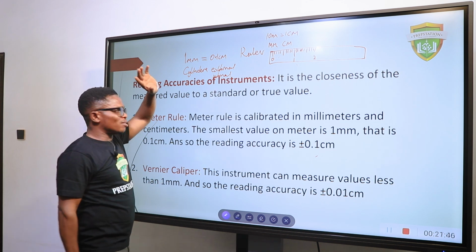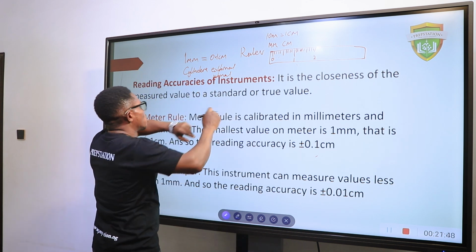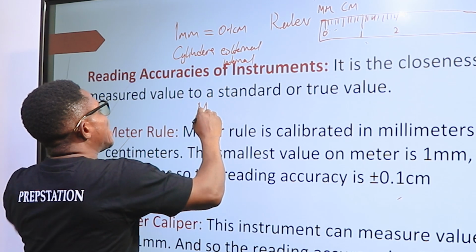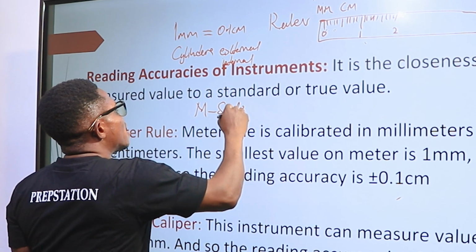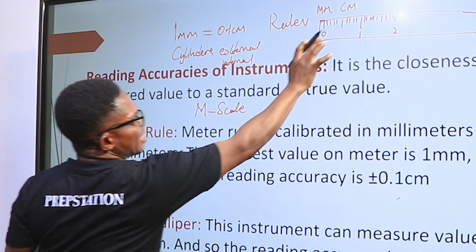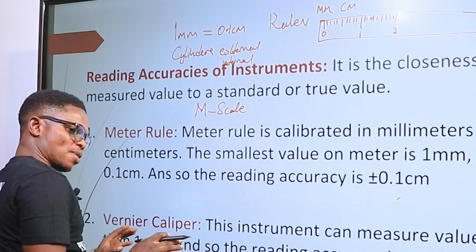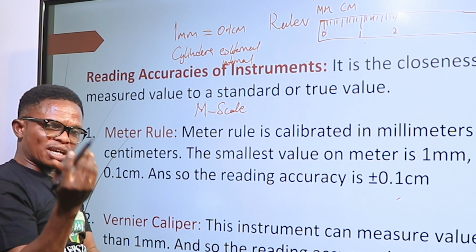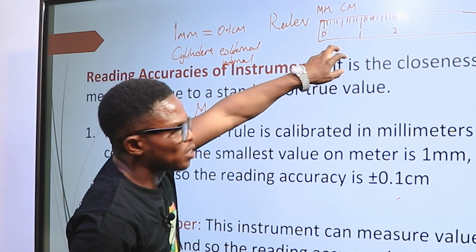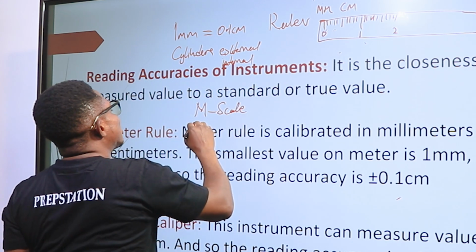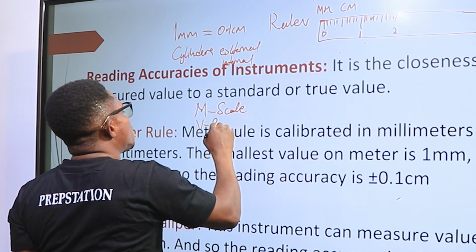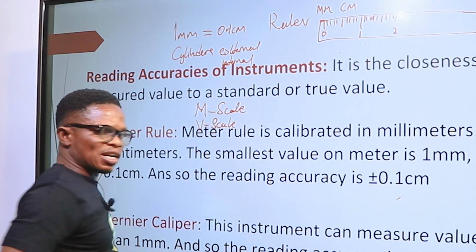Vernier caliper has two scales. Number one is called the M scale. The M scale is just like the meter rule. So vernier caliper is the incorporation of two scales: the M scale, which is just like the meter rule, and the second, called the V scale. V here stands for vernier scale.